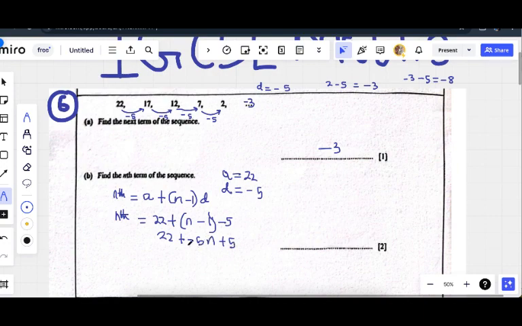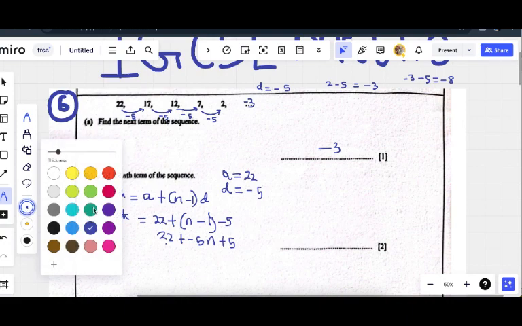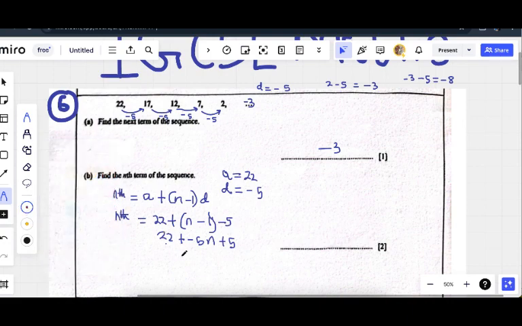So now we write 22 plus 5, we get 27. Numbers and numbers, we add together. So 5 plus 22, we get 27. Minus 5n. This plus minus will become minus anyway, eventually.